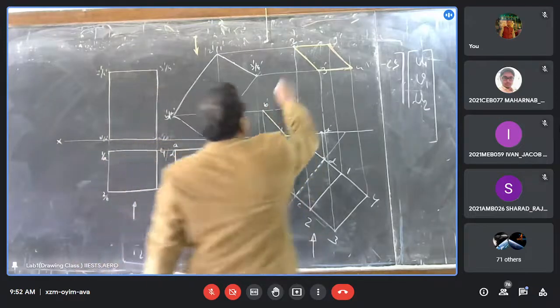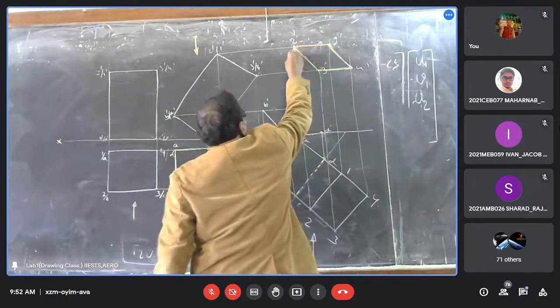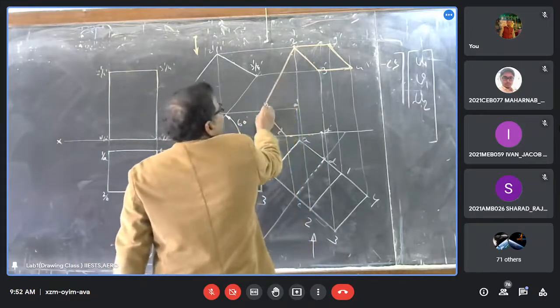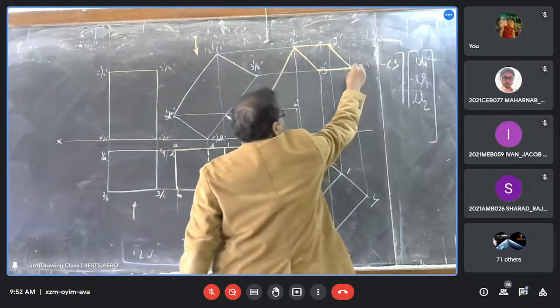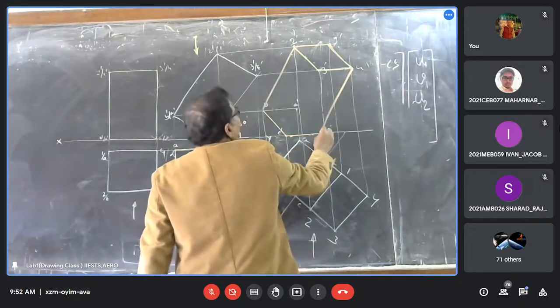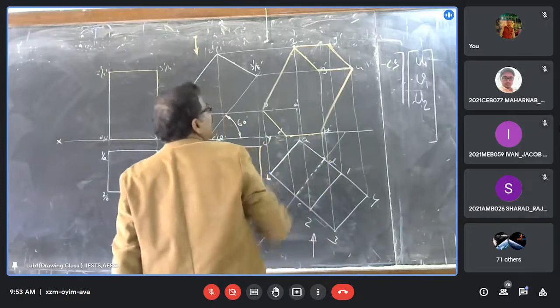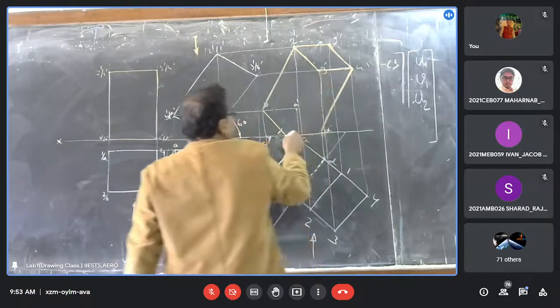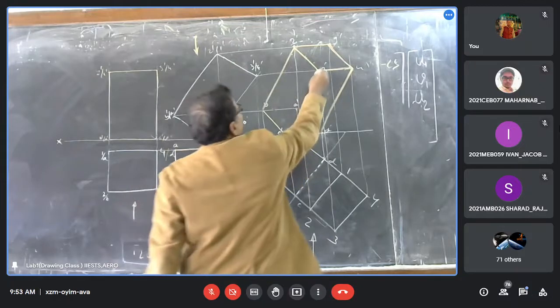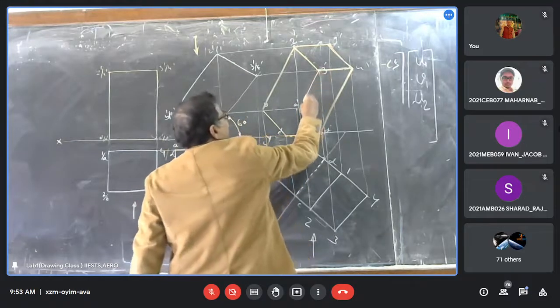So boundary means B to 2, similarly go to B, and similarly this is B to C dash, which is in front of you. You can connect this line.